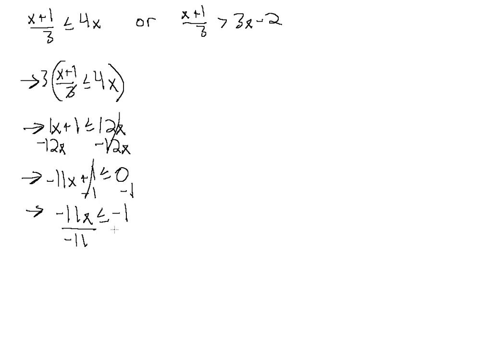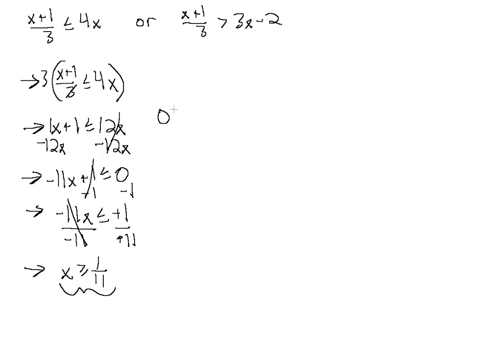Divide both sides by minus 11 to isolate our variable here. Those cancel. So we have x. We're going to flip our inequality symbol because we're dividing by a negative. So we have greater than or equal to. These two negative signs will cancel, so we have a positive 1 over 11. Okay, so that's one of our inequalities.